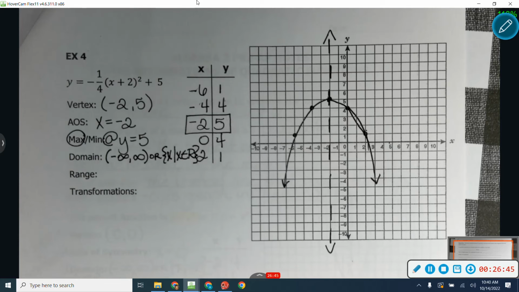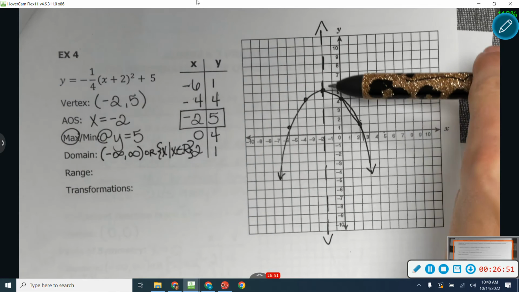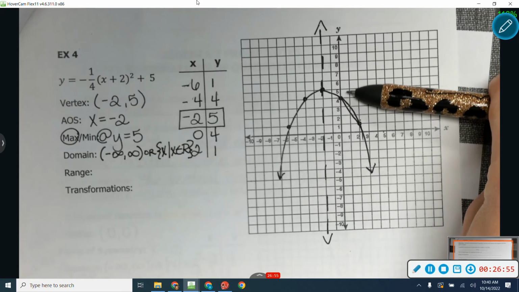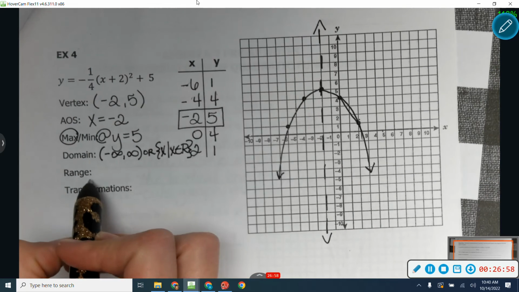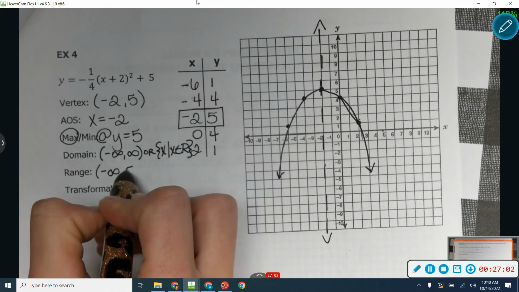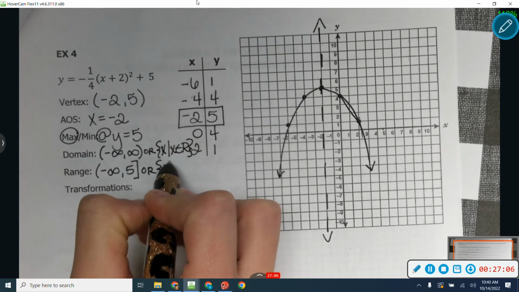Okay, my range. If I'm going bottom to top, I have a top boundary now because that's my maximum. So I'm going to end at 5. So if I were doing an interval, what would it be? Very good. Or if I was doing set builder, what's my inequality?